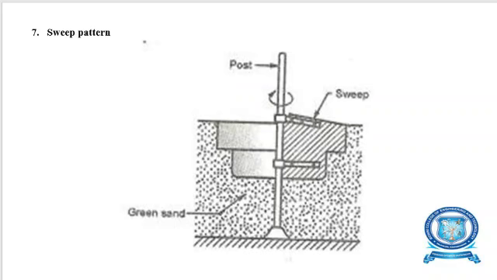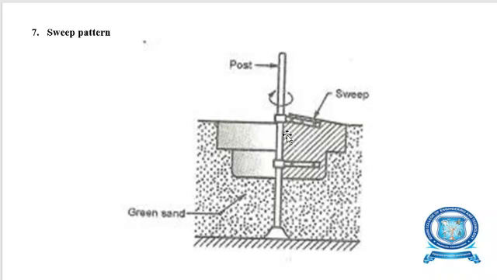Next, sweep pattern. The sweep pattern helps to reduce the volume of pattern material. It is mostly suitable for symmetrical components. A 10 mm thick wooden strip will be made, and the wooden strip will be assembled on the center post.